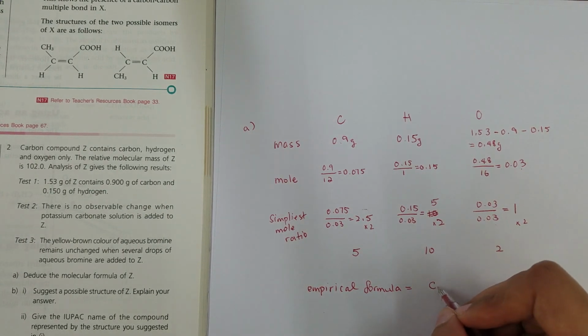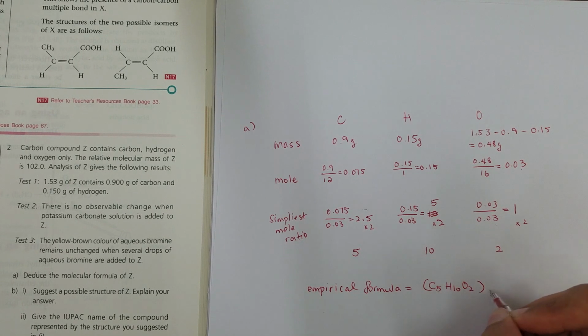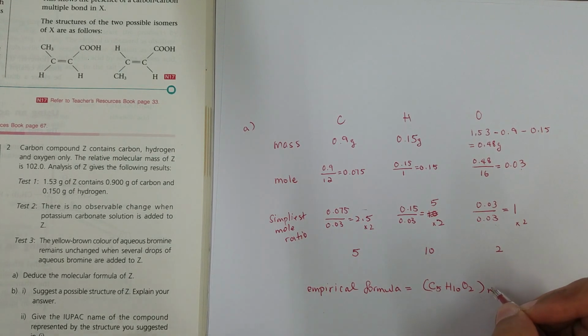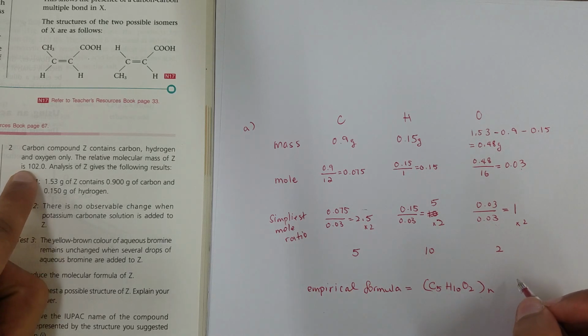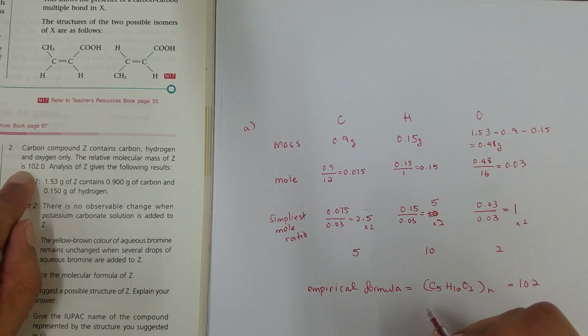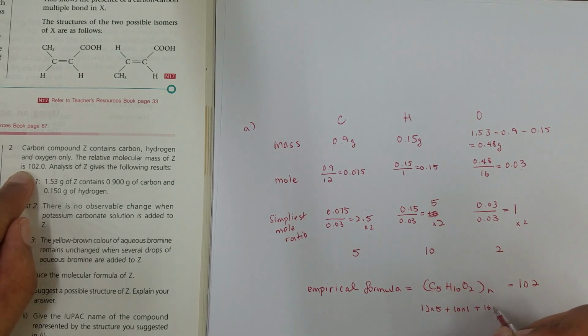So it will be C5H10O2 bracket N. So we have to first calculate N. How do we calculate N? We have to rely on the relative molecular mass of Z. So equals to 102. So what we do is 12 times 5 plus 10 times 1 plus 16 times 2, N equal to 102.